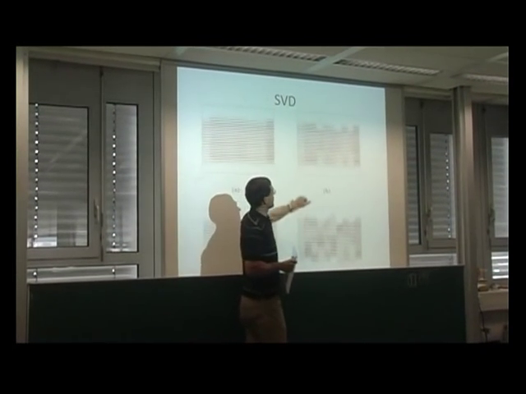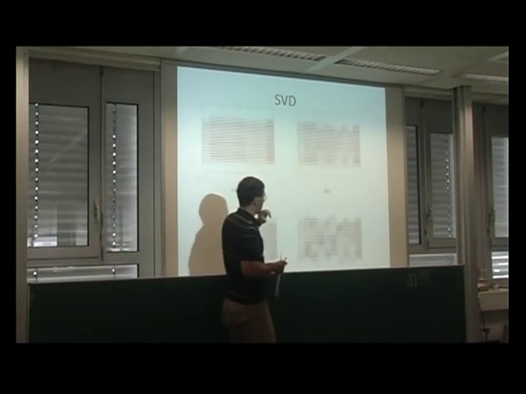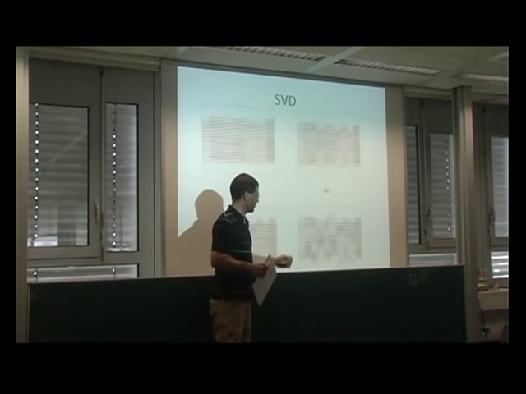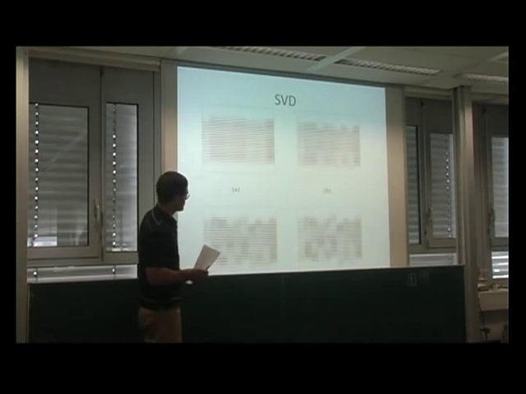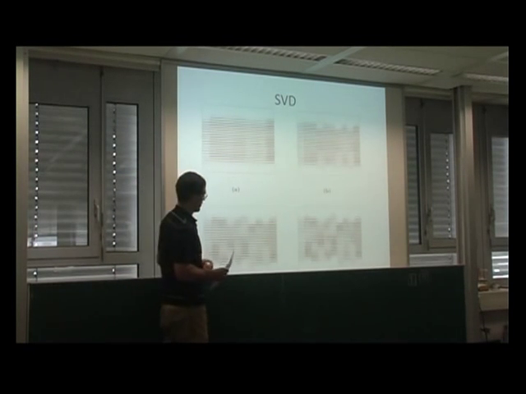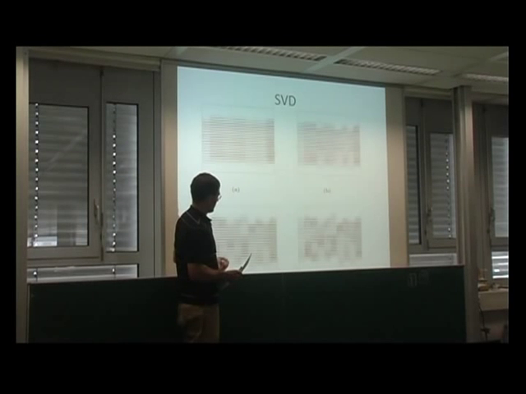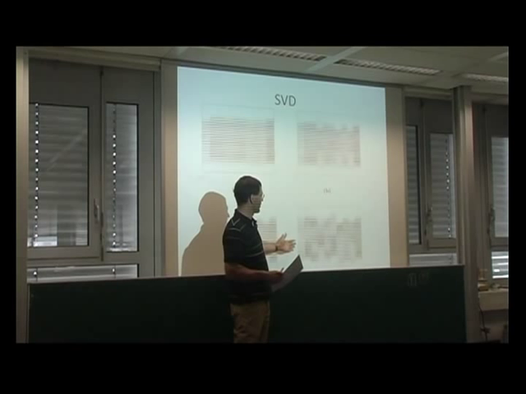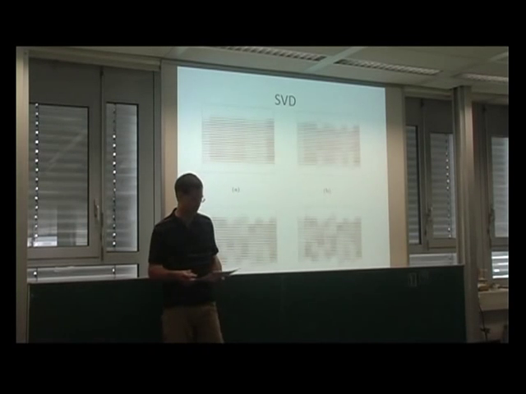Then comes the rank 2 approximation, and then a rank, I think, 10 approximation to the original data. So you see that as you add more and more of these singular values and singular vectors, you come closer and closer to the original matrix.